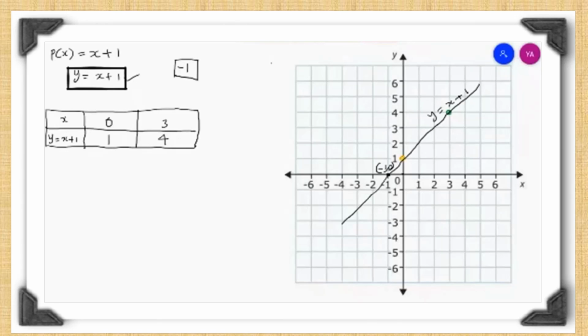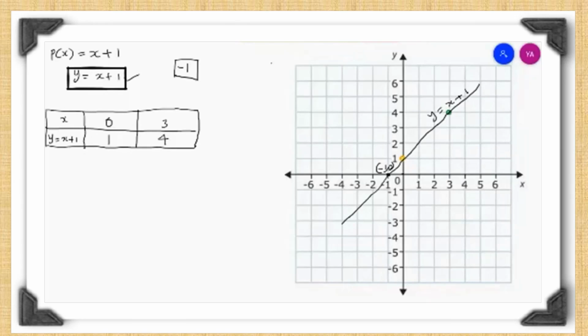Okay, so what we get if we draw the graph of y is equal to x plus 1, the line for a linear polynomial, is a straight line. The line intersects the x-axis at (-1, 0), and -1 is the 0 of this polynomial we already found. So the x-coordinate of the point of intersection of the x-axis and the line y is equal to x plus 1, and the 0 of the polynomial, are the same. The 0 of the polynomial is -1, and for the point of intersection of the graph y is equal to x plus 1 and the x-axis, the x-coordinate is again -1.